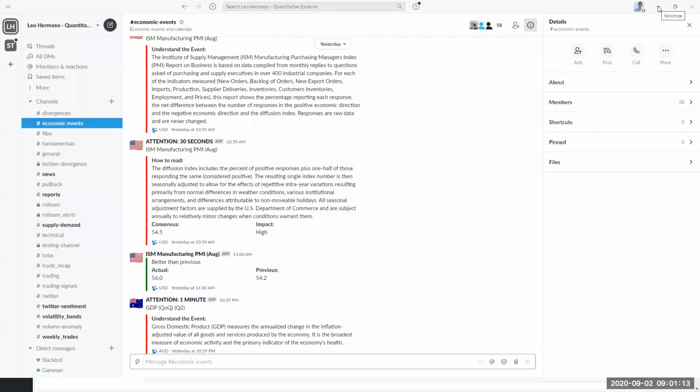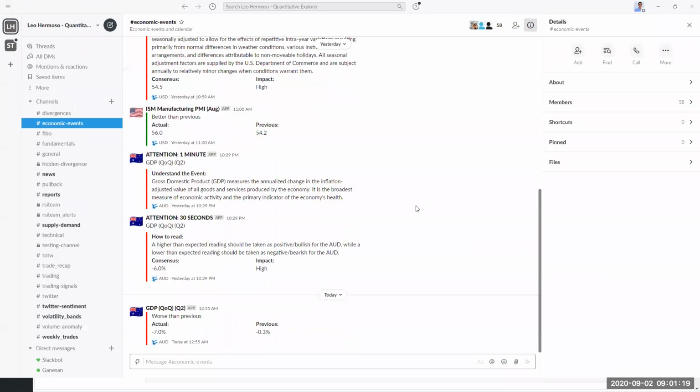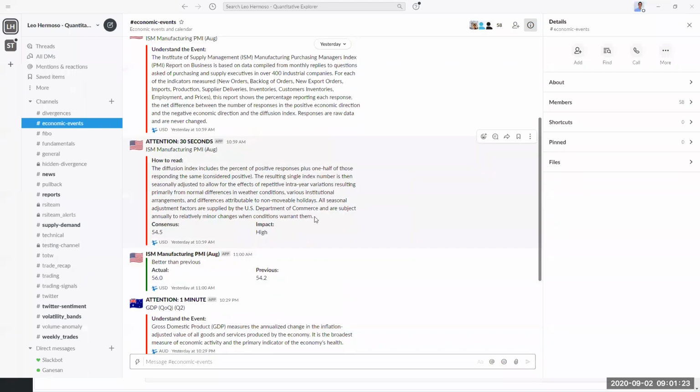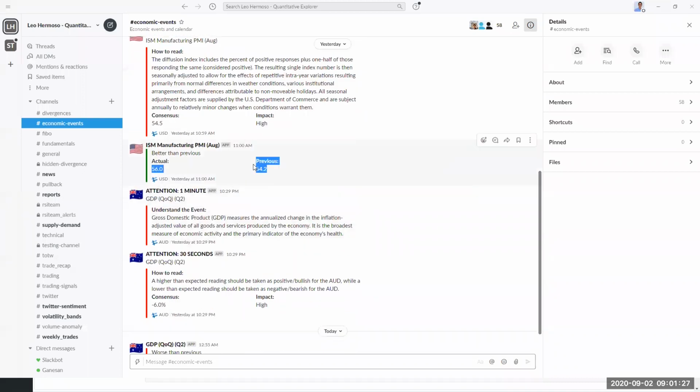This year that we are living in is completely out of the curve. Most of the time, traders and, more importantly, the algorithms are not concerned with the number itself, but whether the number performed better than expected, was in line with expected, was better than previous, or was worse than previous.